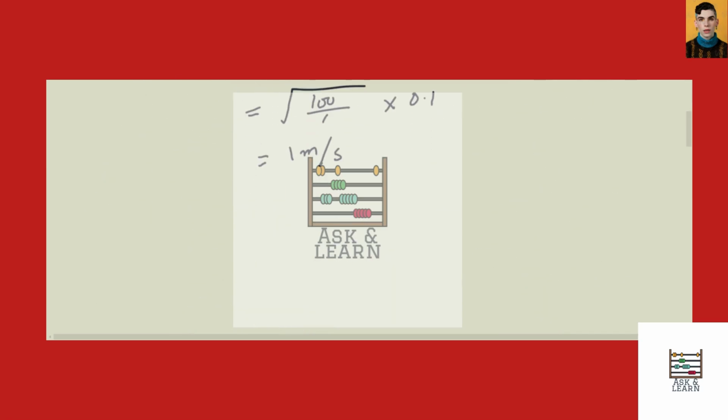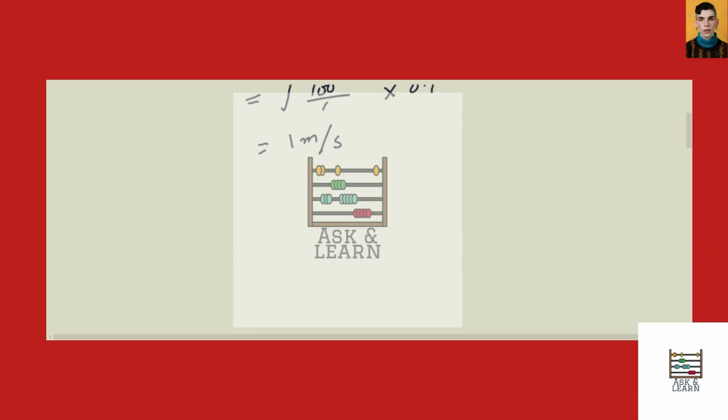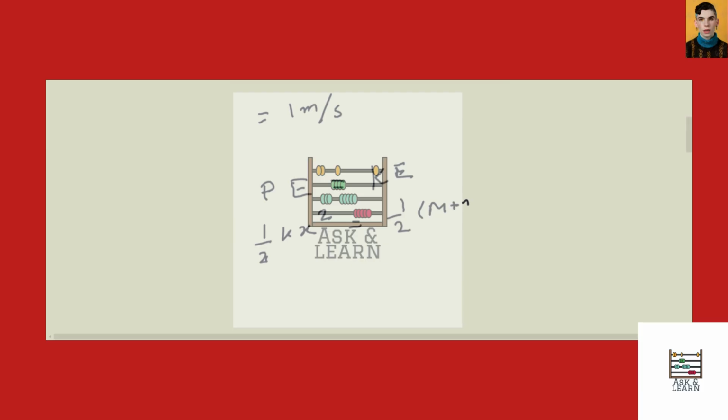Now we have to calculate the amplitude of motion. Again, we will apply the same concept. We have spring potential energy that will be equal to the total kinetic energy of the system. So spring potential energy is half k x square. Now x is actually the final amplitude, and half M will be total mass M plus m, times v dash, the final velocity, square.